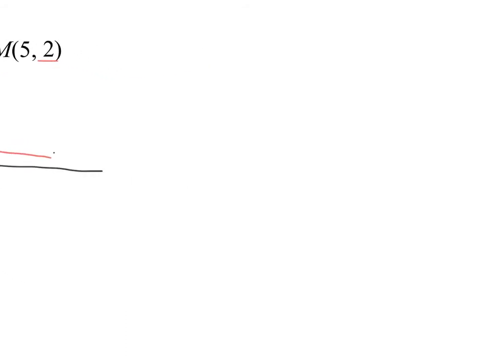So we are still going to have our initial point of x plus the fractional distance of the distance between them, so x2 minus x1. We're still going to have that comma.